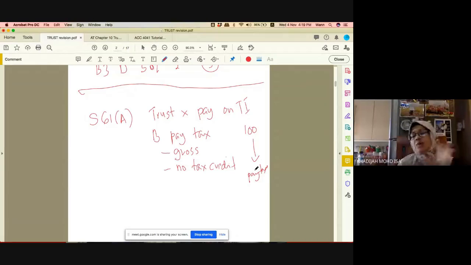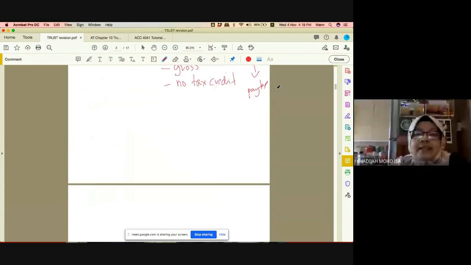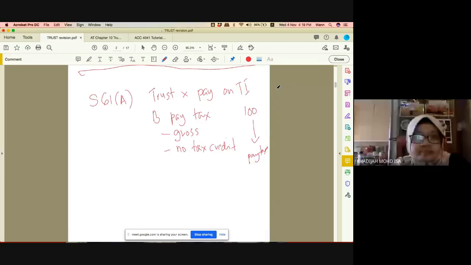So most likely the beneficiary will get a tax refund because of the tax credit paid by the trust. But in the case where you apply 61A, there will be no tax paid by the trust. The beneficiary will be taxed on the gross amount that he received. Any questions so far?